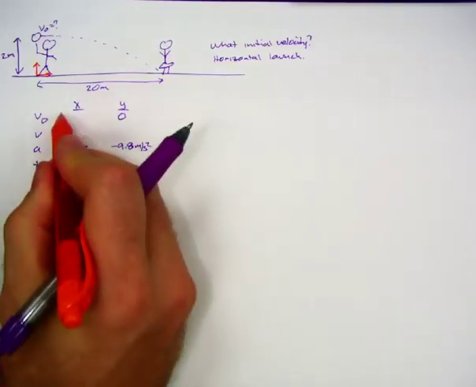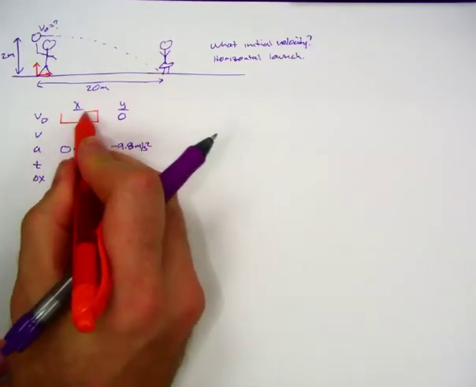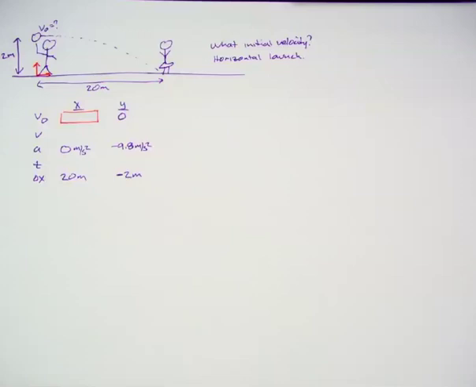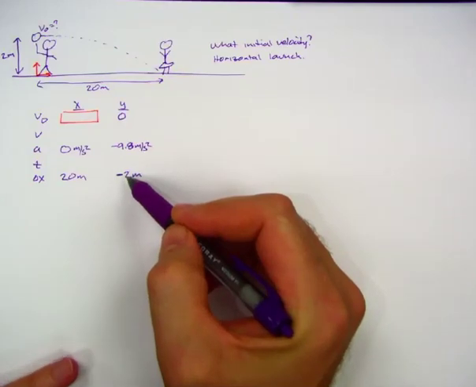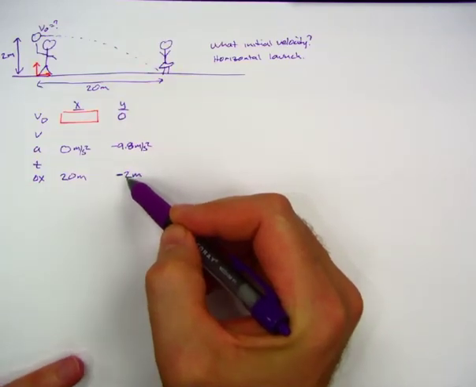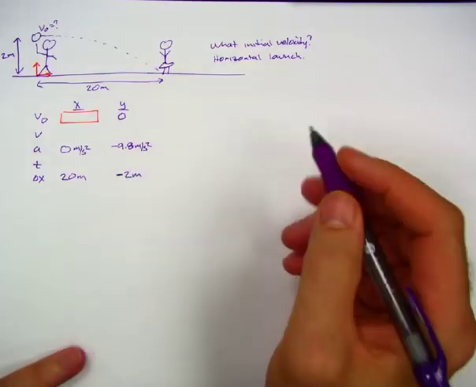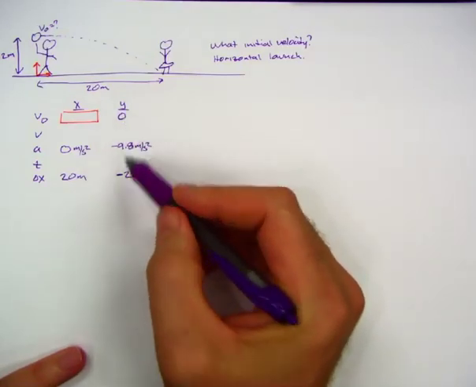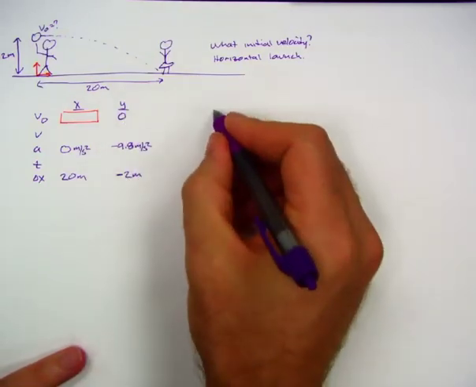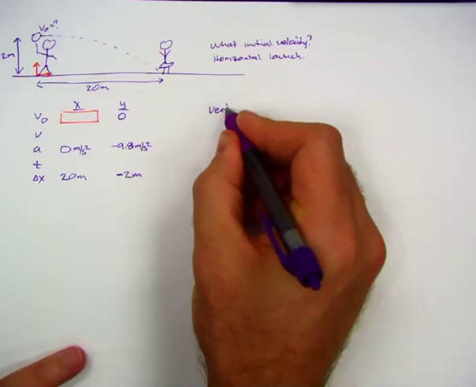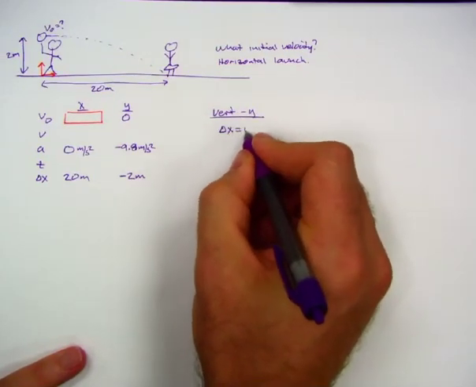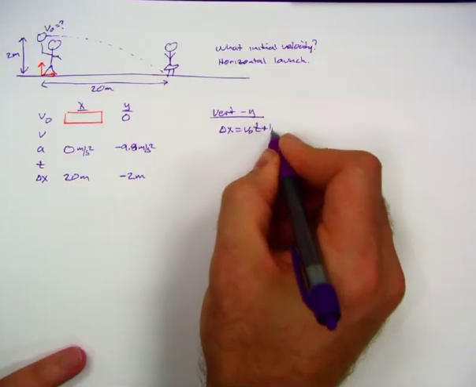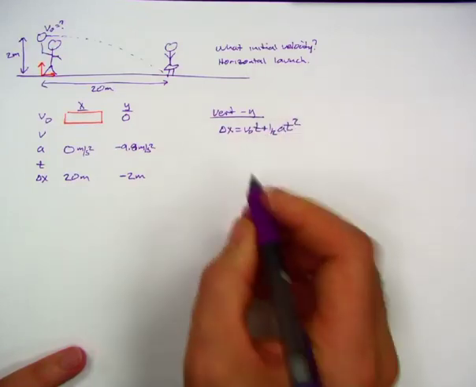Ultimately, what we're looking for is this initial horizontal velocity so that Bob can show his true love. What is our process? We know 3 things in the vertical column, so I'm going to calculate the others. In this case, I know v0, a, and delta y, so for the vertical problem, delta y equals v0t plus 1/2 at squared.